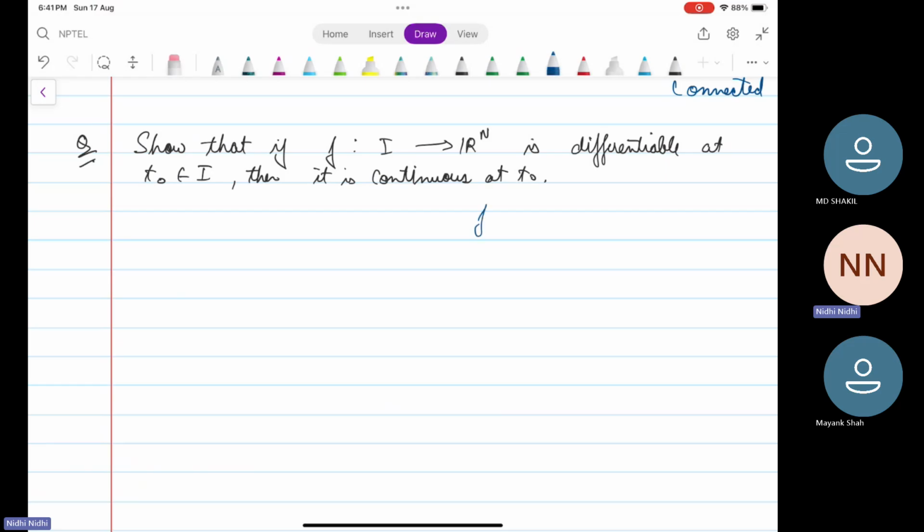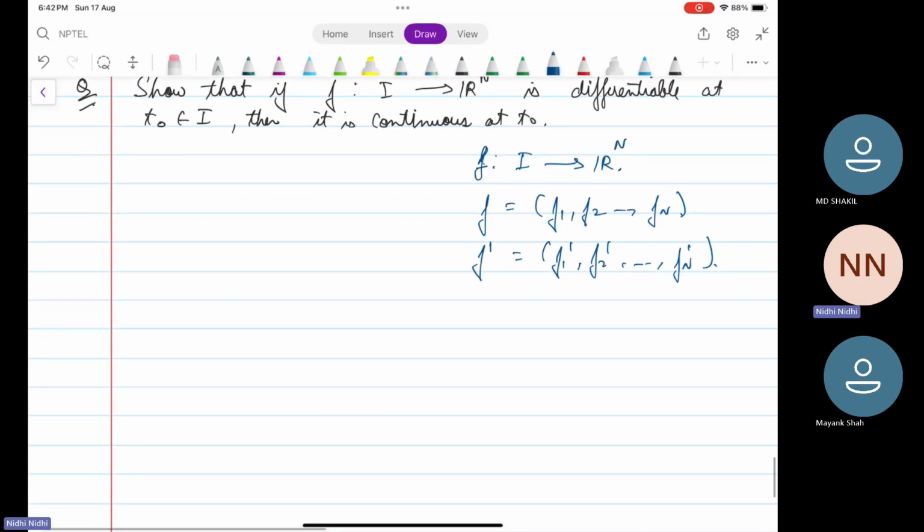Whenever a function f is defined from some interval I in R to R, we know that every differentiable function is continuous. So basically, we'll be using that fact, because while defining differentiability from I to Rn, if f is of the form f1, f2, ..., fn, we have f dash equal to f1 dash, f2 dash, ..., fn dash. So we are mainly using the differentiability of the component functions, and component functions are again from R to R. That's the main idea for this problem.